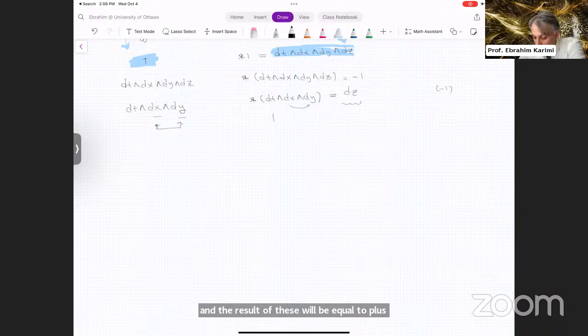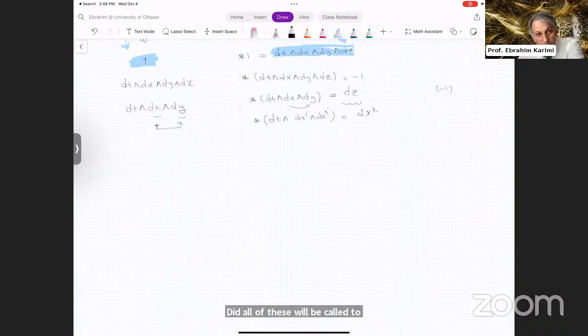In general, I can write it as dt, dxi, dxj. As soon as i and j go with a positive permutation, the dual of these will be equal to dk, dxk. No need for a minus sign.